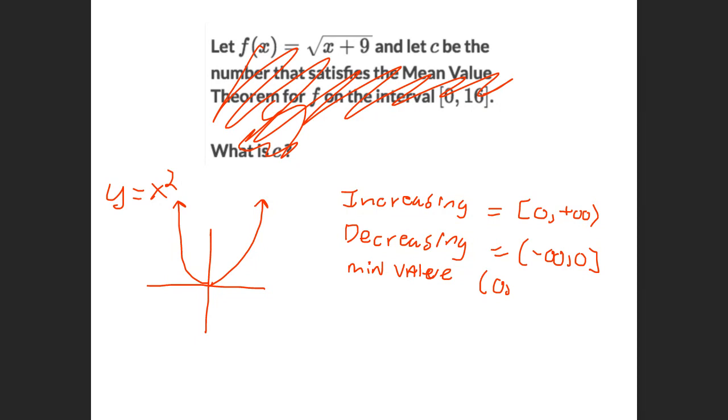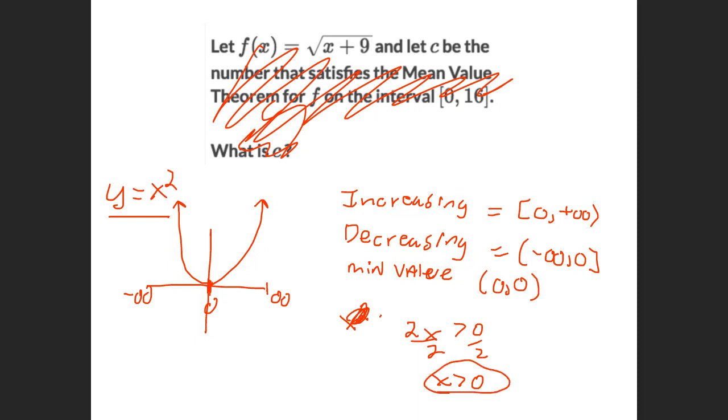All right, now, calculus-wise, I could take the derivative of this and find out, that's not the derivative. The derivative is this, and find out where it is greater than 0. That is where it would be increasing. Well, if I divide through by 2 here, x is greater than 0.